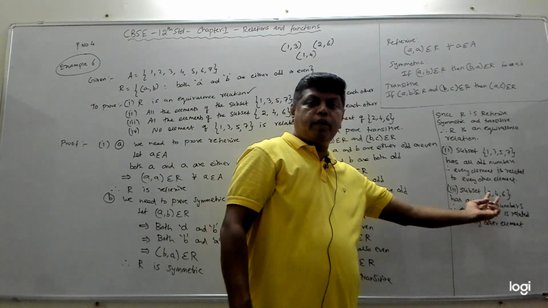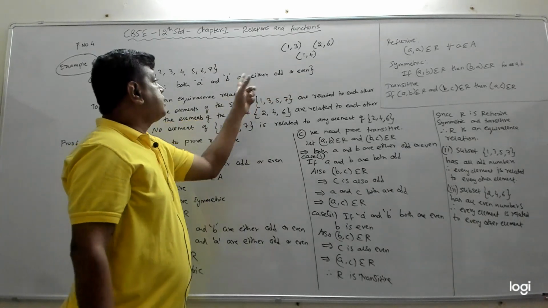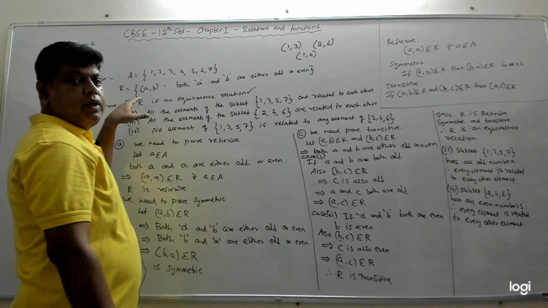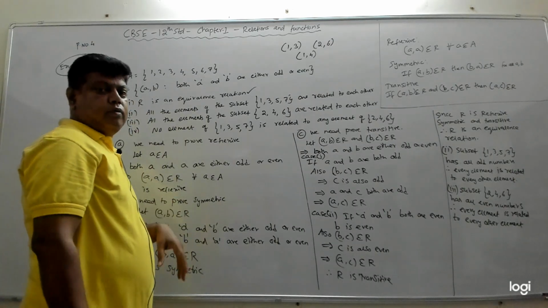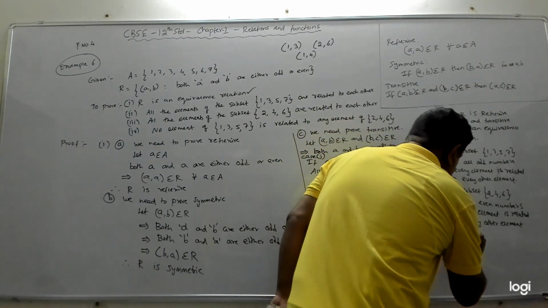Any two elements that you take, both will be even. This condition is satisfied: A and B both are even, they will be in this set R, which means they are related.